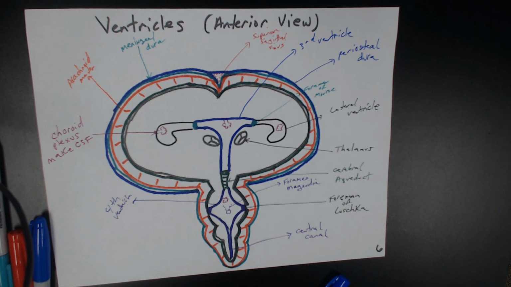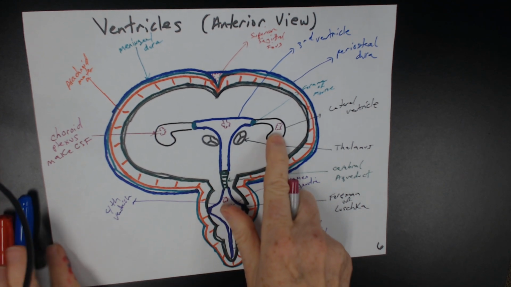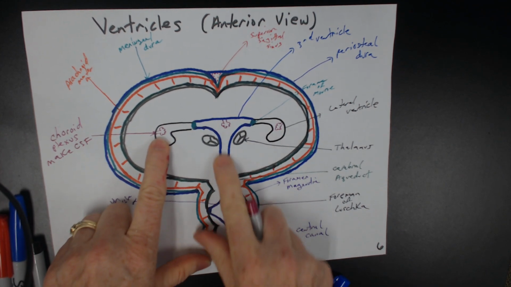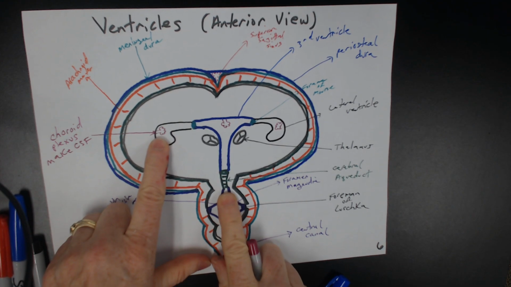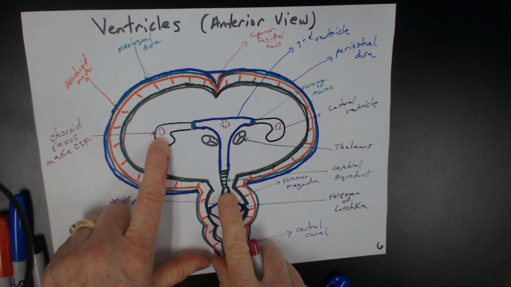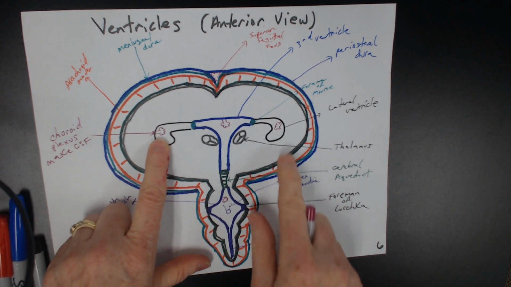Okay, and you can see that once the CSF is made here in all of these ventricles, CSF is just a fluid. It's acellular. It shouldn't have any bacteria in it or anything like that. It just creates a stable ionic environment. We'll talk about that for the CNS in general.